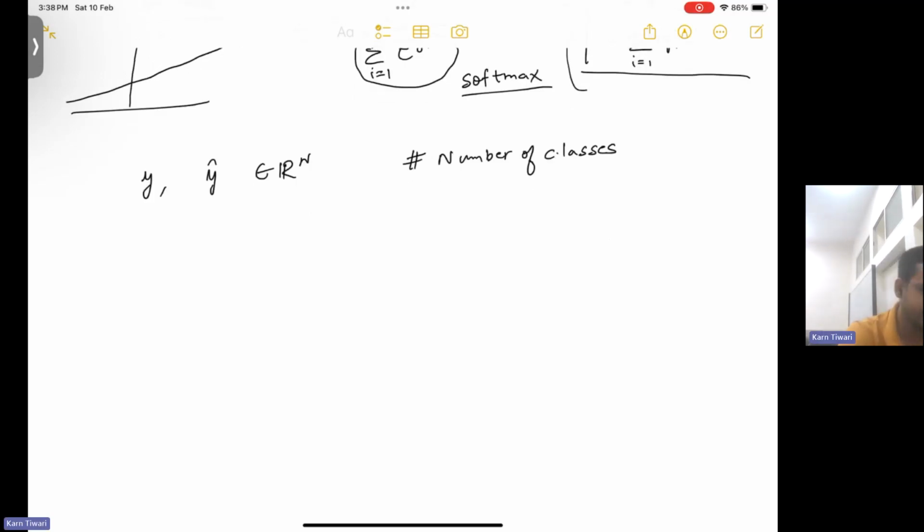Normally, for example, as I mentioned, this is particularly for the classification task. In the classification task, what we basically want is to assign a class to an object with maximum probability.